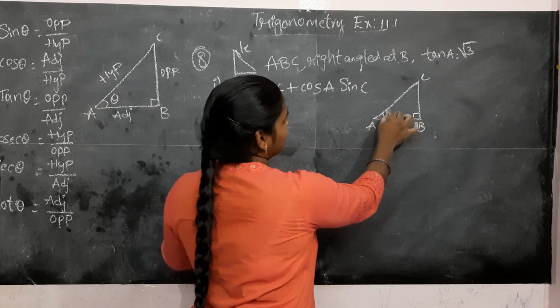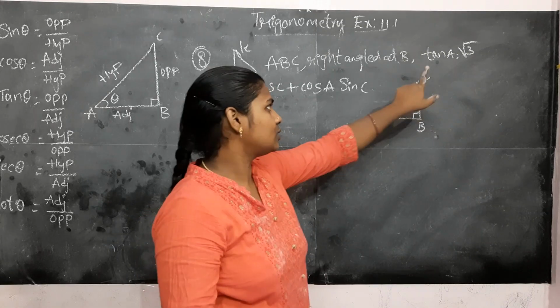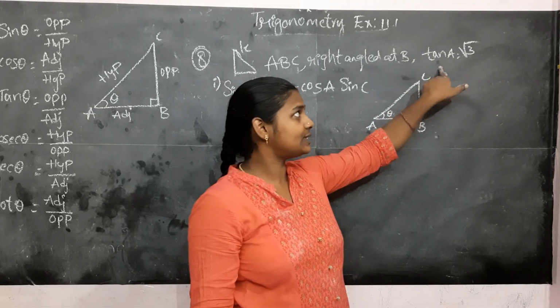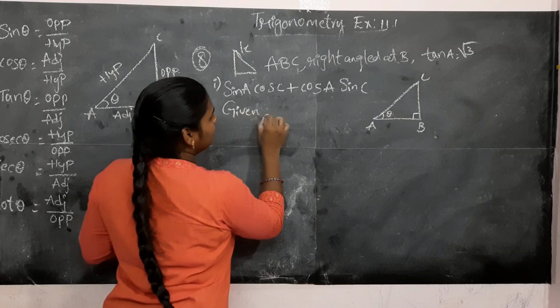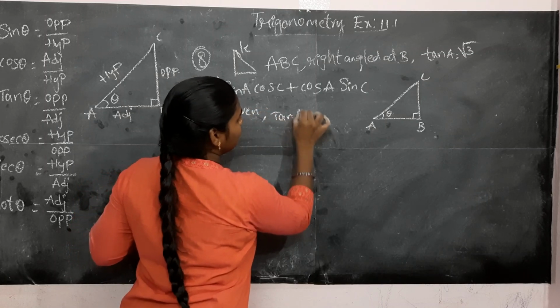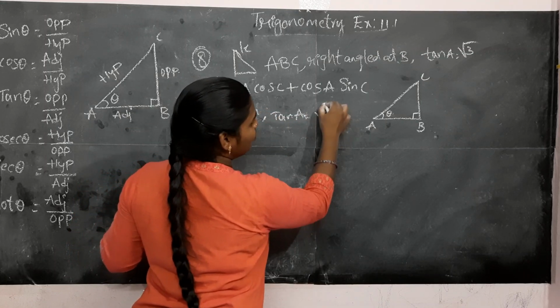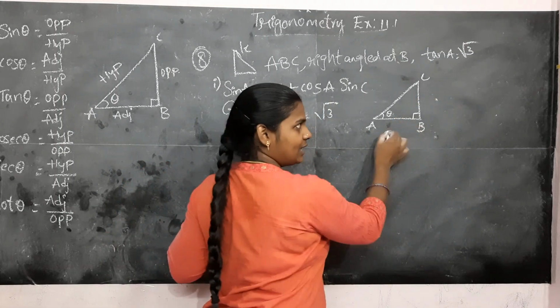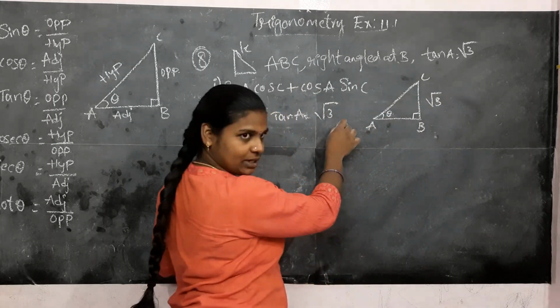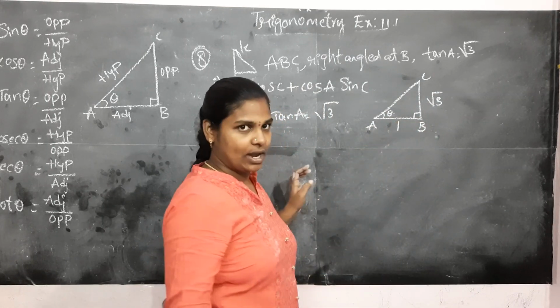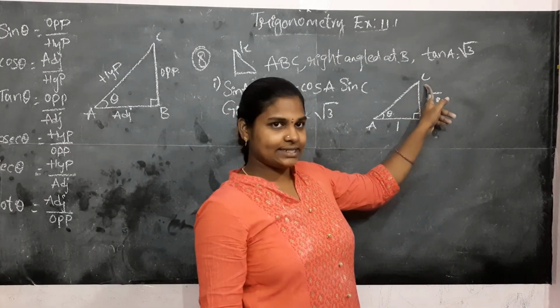Okay, let me name this as theta. So they have given tan A is equal to root 3. Tan A is nothing but what? Opposite by adjacent. So since they haven't given any denominator, let us assume this as 1. So how do we figure out AC?